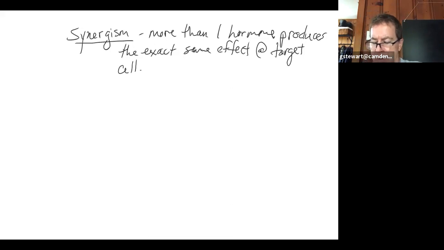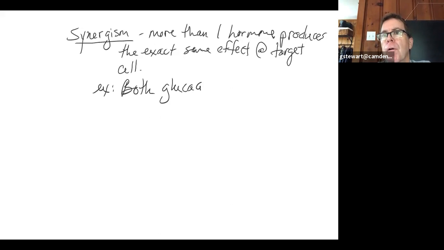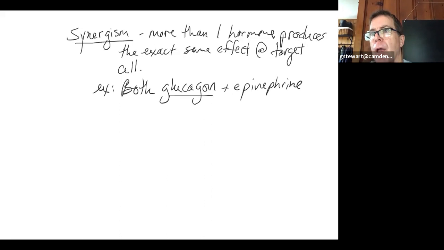A classic example of this might be both, so I'm going to write example, both glucagon, which is a hormone that's secreted by the pancreas, and I'll talk about that later, and epinephrine.